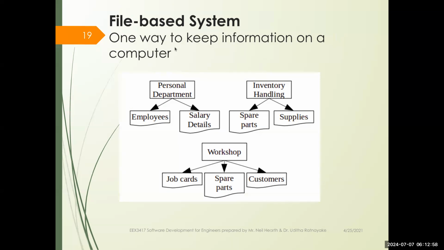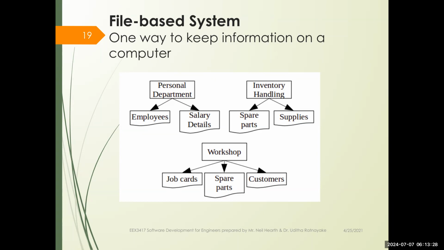File-based systems. One way to keep information on a computer. Earlier, we kept computer files. Actually, this is regarding not paper files, but computer files. We can create folders like personnel department, employees, salary details.